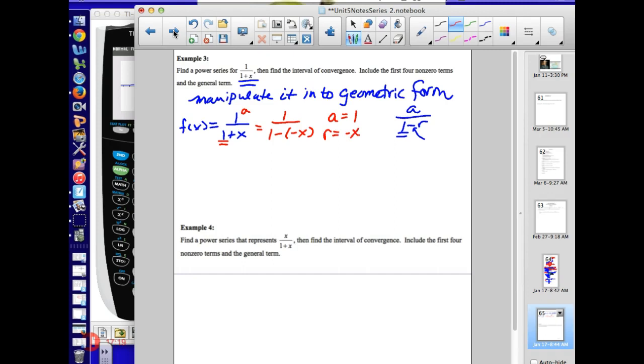So the sum of this, we know how to do this. I can generate my series by saying it starts at 1, and then I keep multiplying by negative x. Then I multiply by negative x again, then by negative x again. This would be the first 4 non-zero terms plus the general term. It's going to need an alternator.